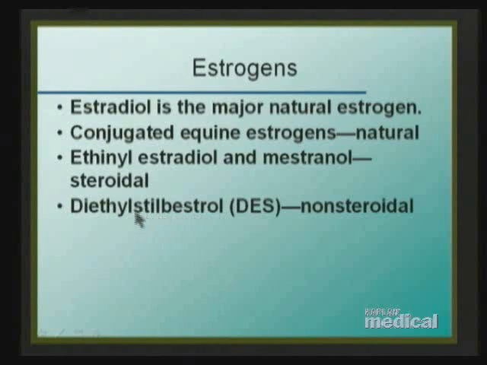DES, diethylstilbestrol, is a non-steroidal estrogen, and its relevance is mainly that when it was used in high-risk pregnancies back in the 50s, it resulted, unfortunately, in an increased incidence in vaginal cancer in the daughters of the women taking this drug.